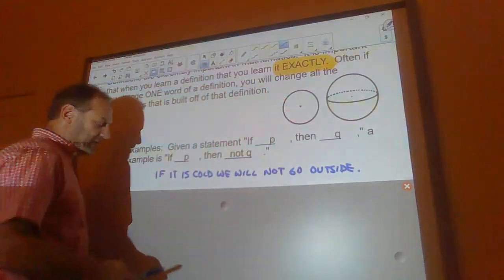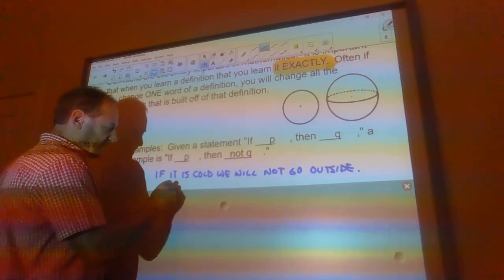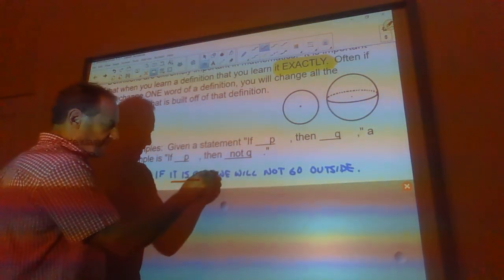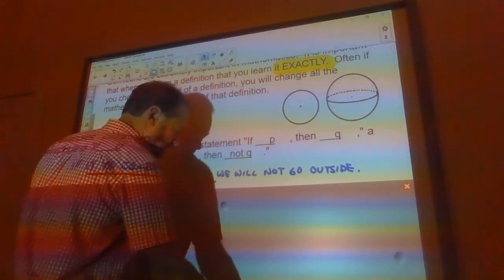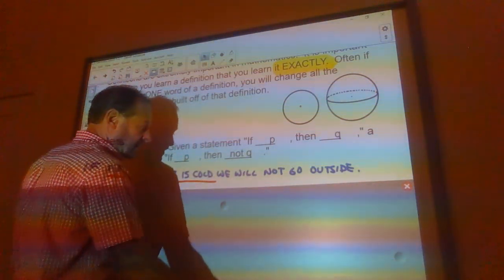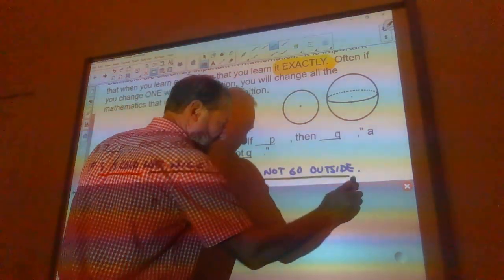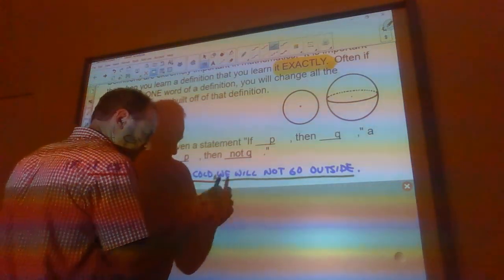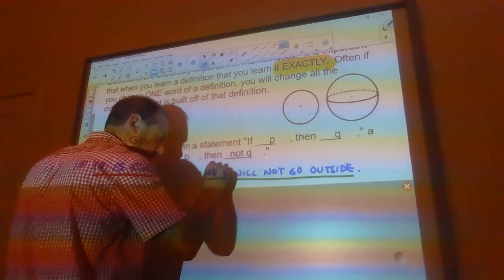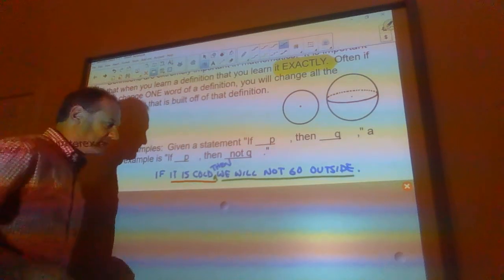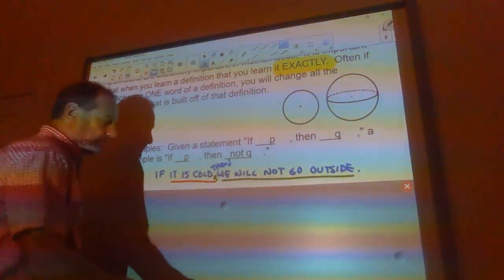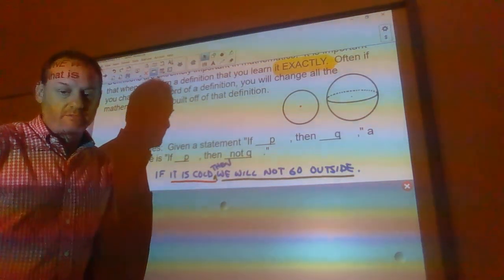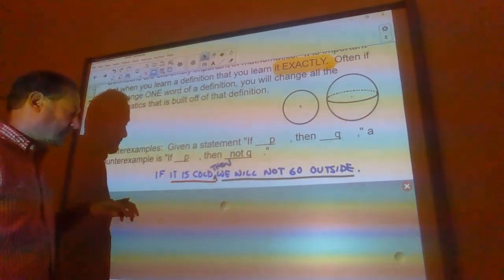The P part of this statement is it is cold. I should have a "then" written in here, so let's put the then right here. Now, a counterexample to that would be it's really cold and we went outside for some reason. That would be a counterexample.